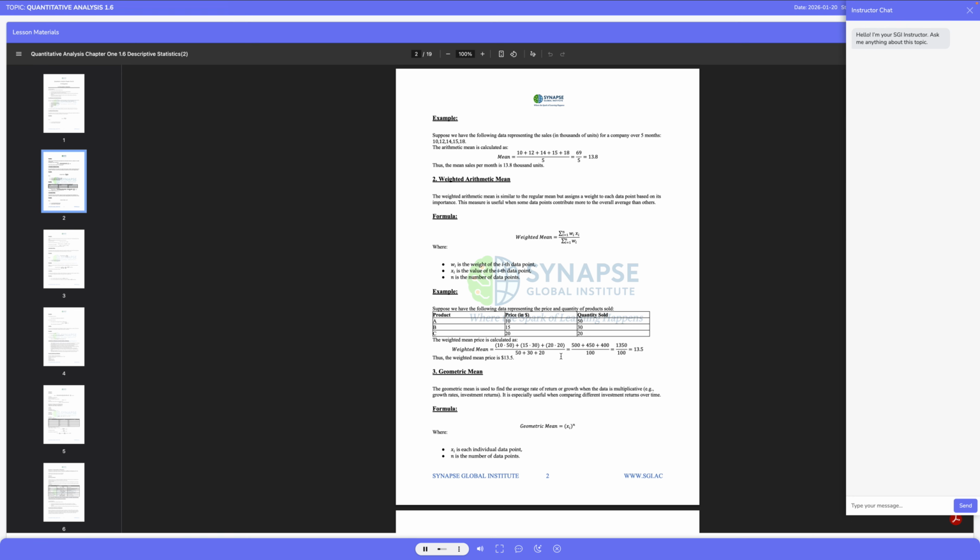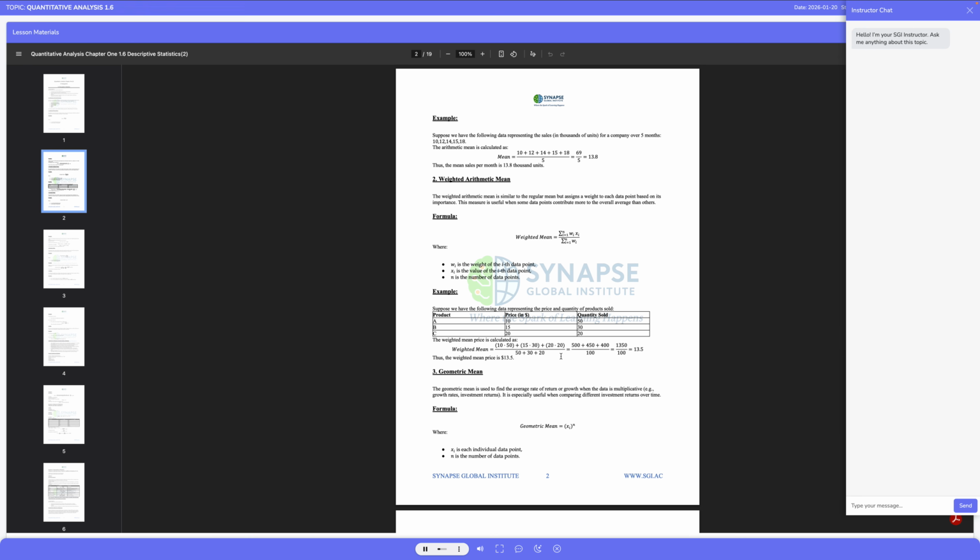These figures are added to give 1,350, which is then divided by the total quantity sold of 100. The weighted mean price is therefore 13.5. This result shows that the average selling price, when sales volume is taken into account, differs from a simple arithmetic average. In practice, this is especially important for pricing analysis and revenue evaluation.